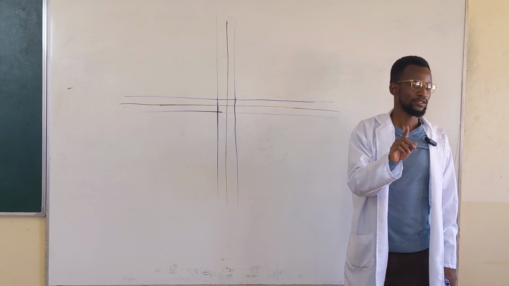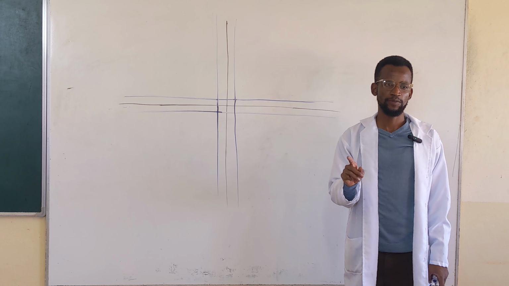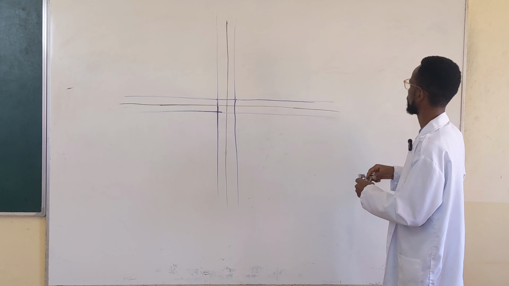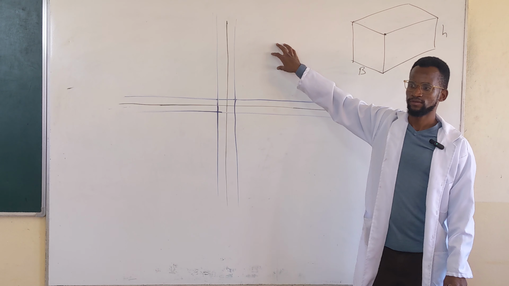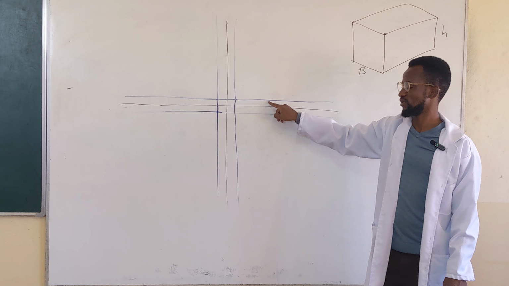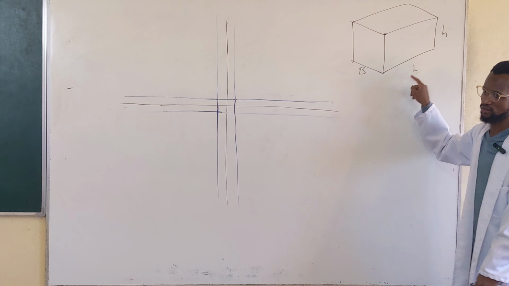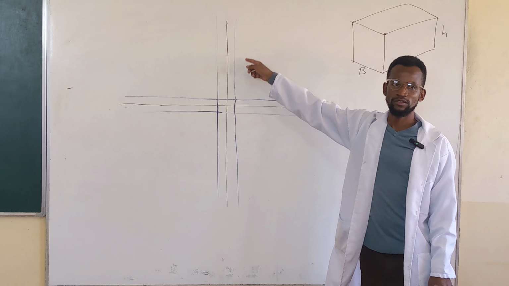Now, the front consists of the length and the height. So if your front is going to be here, this faint line, the blue one, will represent the length, and this one will represent the height.